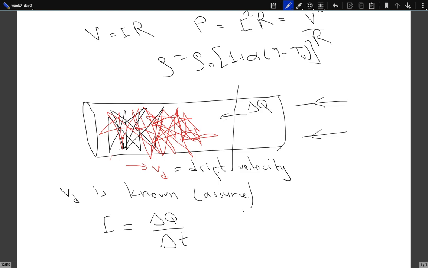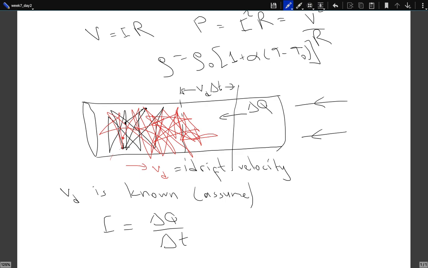It's just the drift velocity times delta T. So let's say it is this length over here. So all the electrons in this volume within this time delta T will just cross this point. So that is my delta Q.